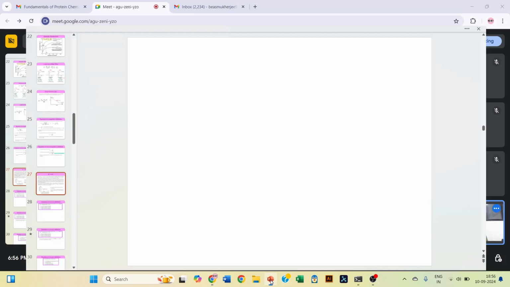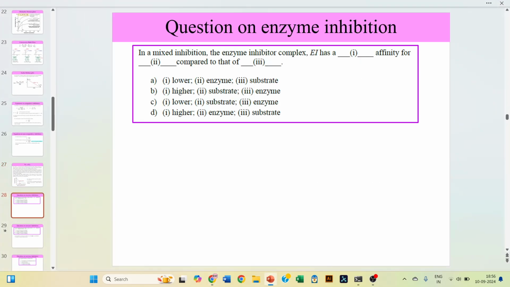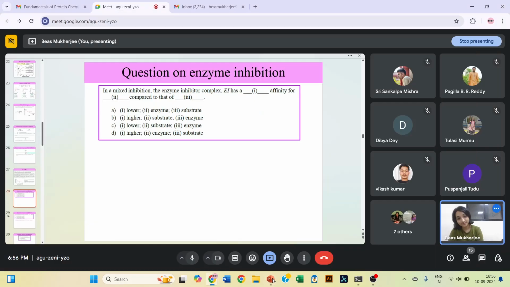Okay, right. Now you try to answer this question. Question on enzyme inhibition in a mixed inhibition. The enzyme inhibitor complex EI has dash affinity for dash compared to dash. There are too many dashes, but then try to figure this out.